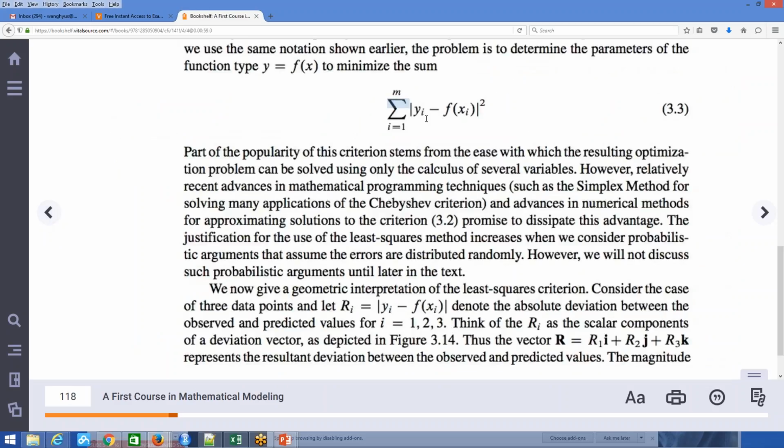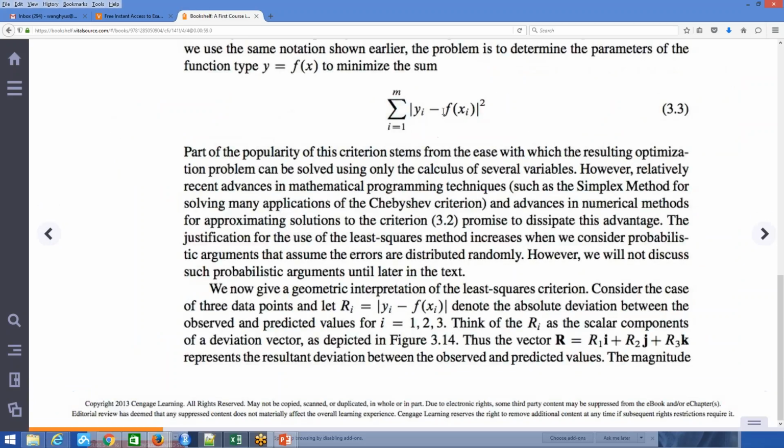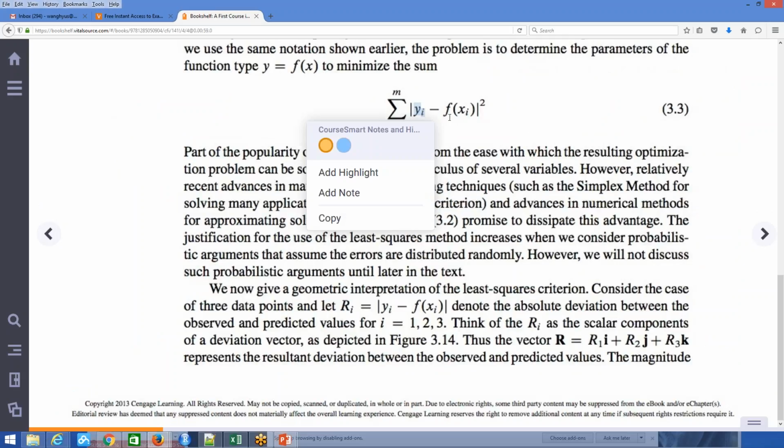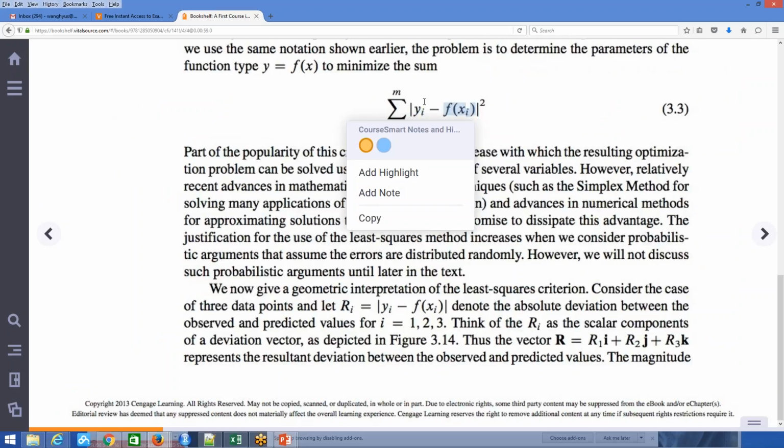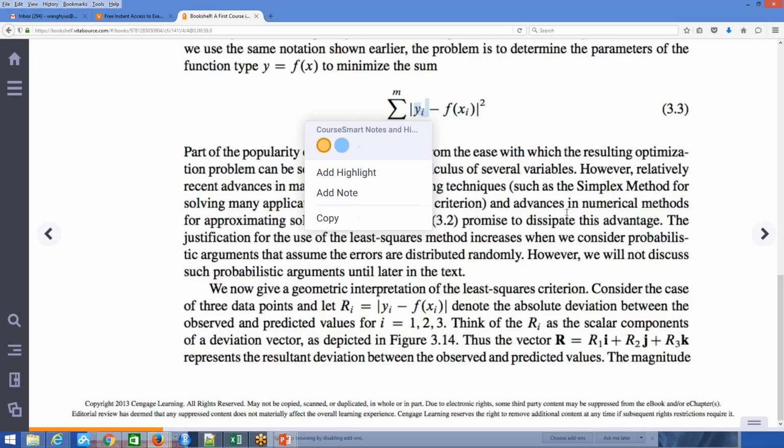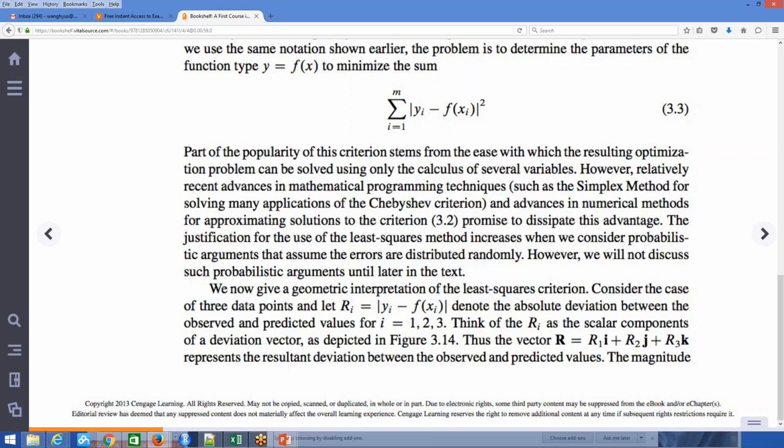We are trying to minimize the difference between the function value and the actual value, squared, and then the sum of that. So the sum of squares of the error is the minimization problem for linear regression.